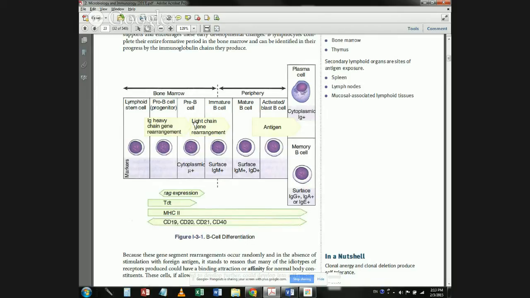And once it does that, then it will start to produce antigen. Now wait, an antigen has to bind the mature B cell, and that will activate that B cell and be considered an activated blast B cell.